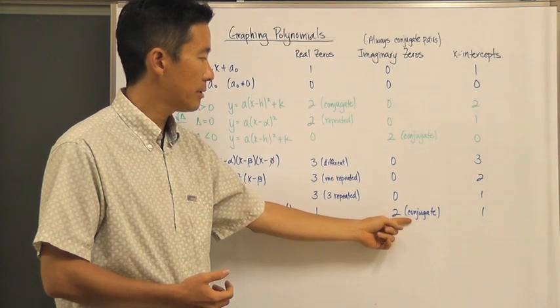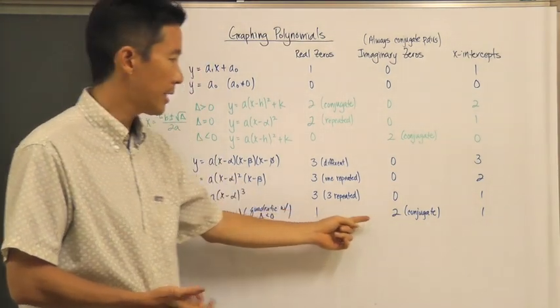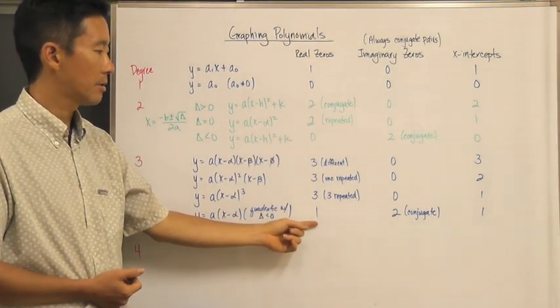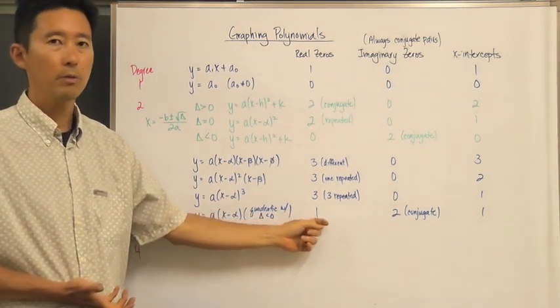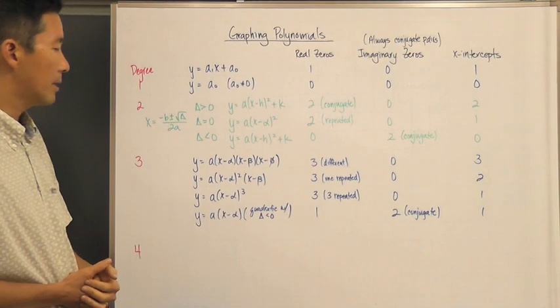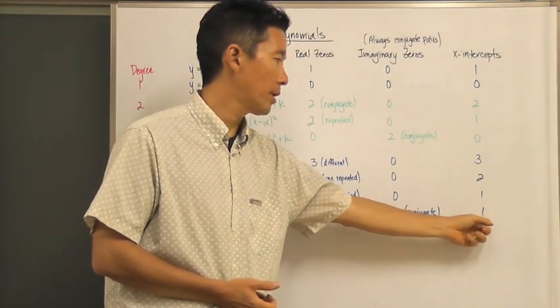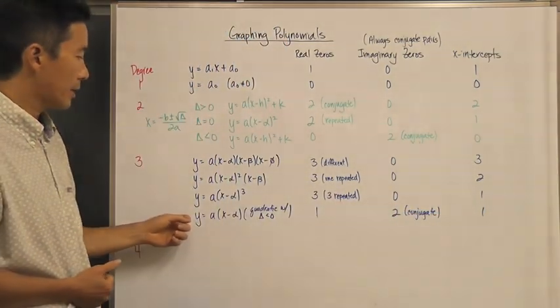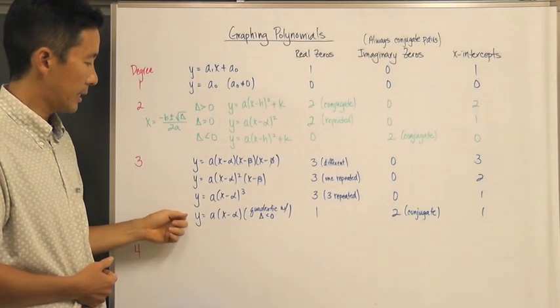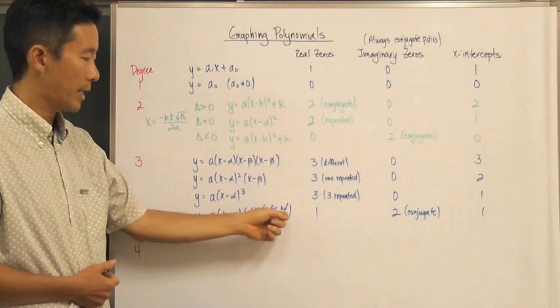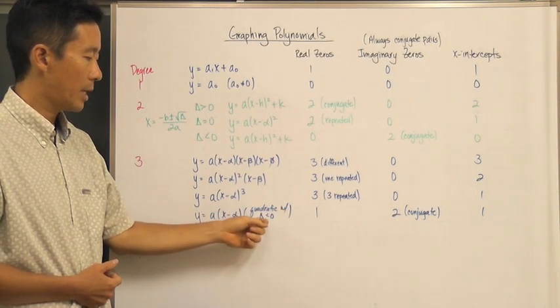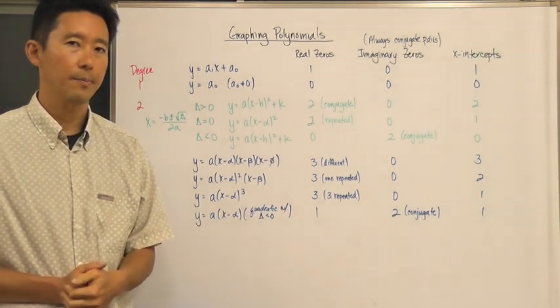And if there are 2 imaginary roots and they are conjugates, then the last root, or the third root, because this is a degree 3 polynomial, has to be a real one. With that in mind, we are only going to have one x-intercept. What that looks like is a times x minus alpha times a quadratic, which is going to have a discriminant which is less than 0.